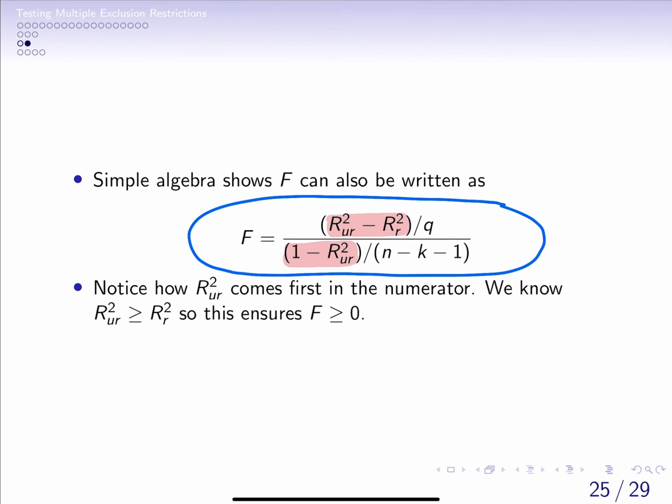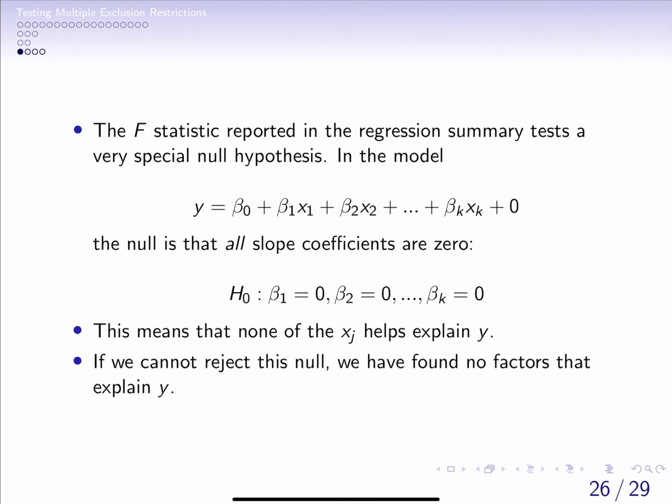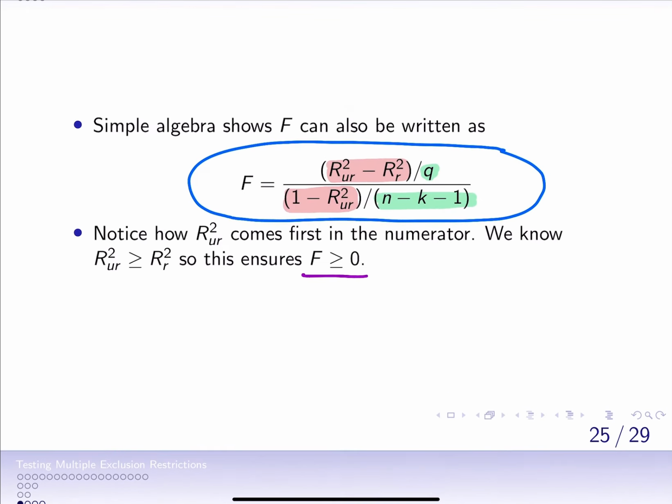Okay, and the exclusion restrictions remain the same, and the degrees of freedom in the denominator remains the same. Okay, so the F statistic is going to be greater than or equal to 0, and that's the idea of it. Okay, so in the lab we're going to see how to calculate that using R-squared.